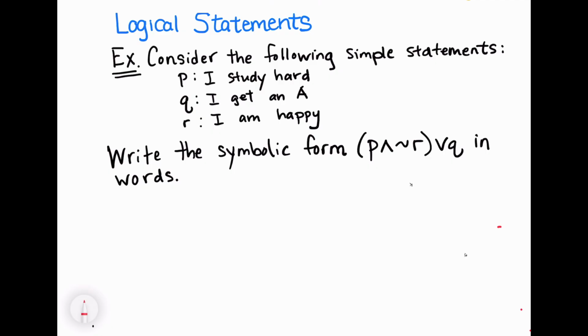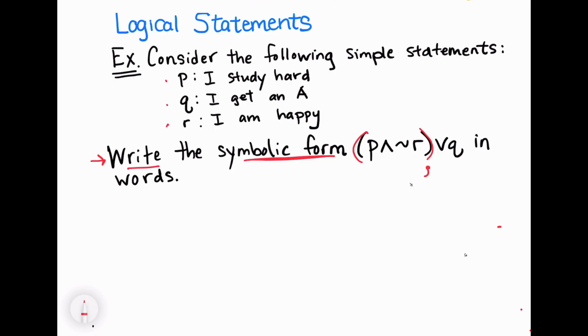So here we have another example with the same P, Q, and R. What we want to do in this example is go from the symbolic form to words. It's a conjunction, and we also see a disjunction here: P and not R grouped together, or Q. I'm again going to use the grouping, and a comma, in order to help me write this in words.